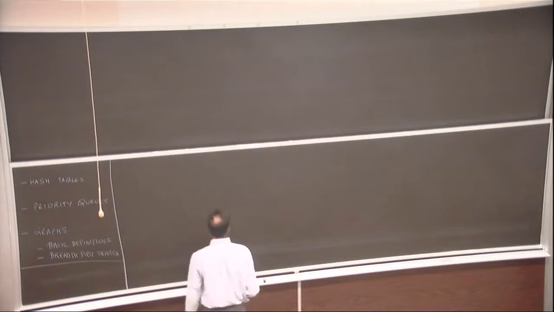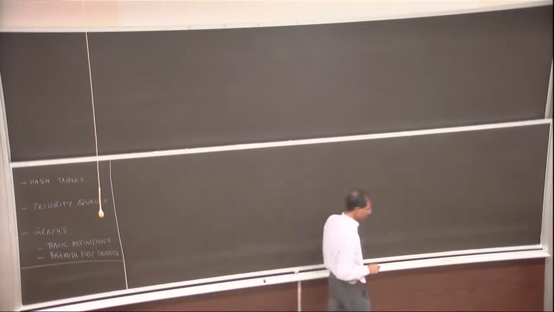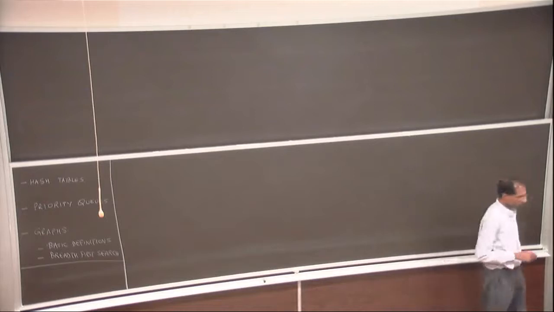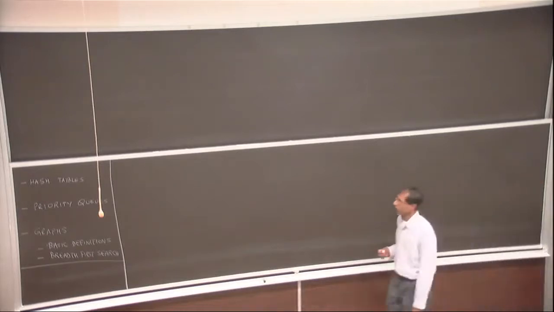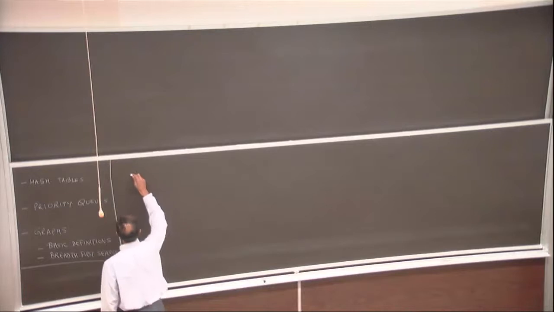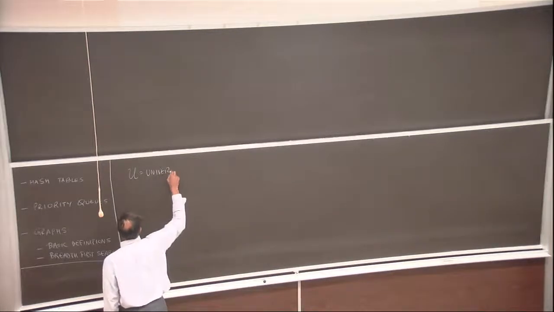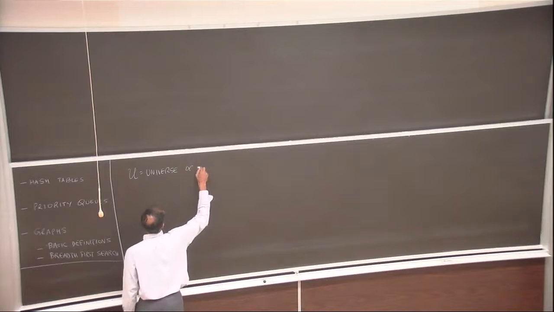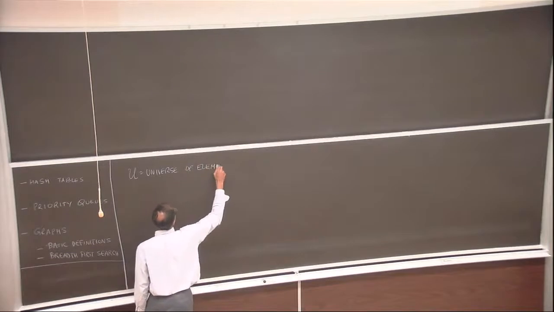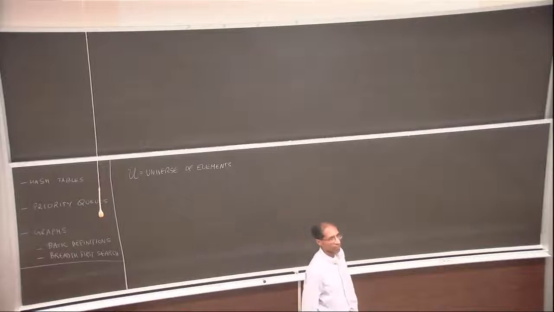So, last class we talked about hash tables. We started talking about hash tables, and if you recall, the setup of the hash table is you have a universe of elements. And think of this universe as vast.